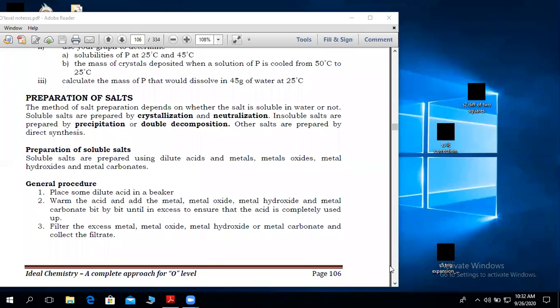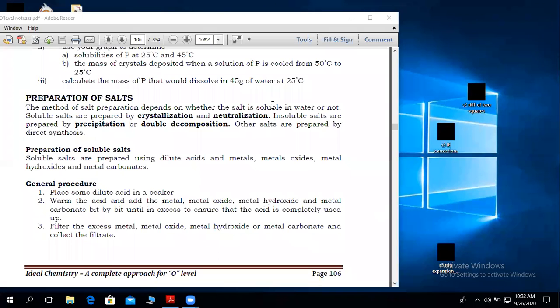So salts of sodium, potassium, and ammonium are prepared by neutralization because their carbonates, their oxides, and their hydroxides are soluble in water. Take note of that.